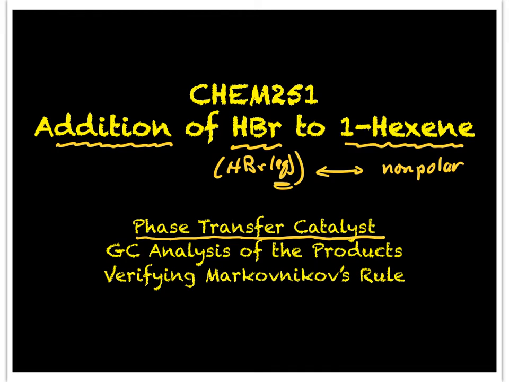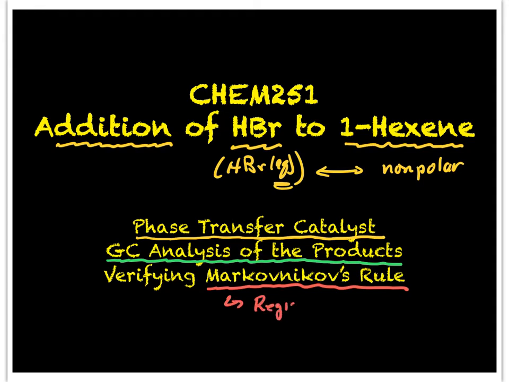Then we're going to look at the potential products, and we're going to analyze those products using gas chromatography. One of the things it's going to help us do is verify Markovnikov's rule, which has to do with the preferred regiochemistry of addition reactions under acidic conditions.